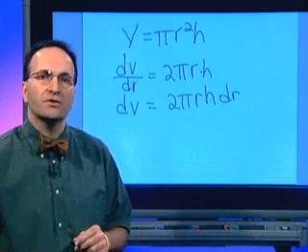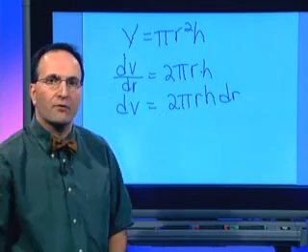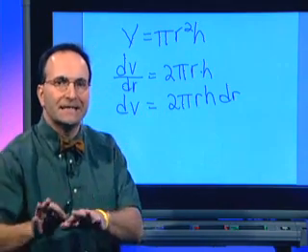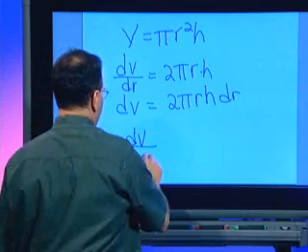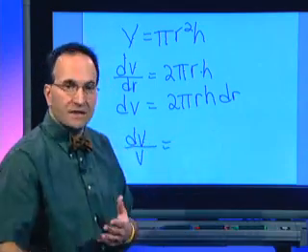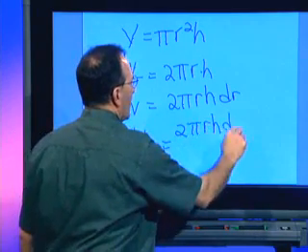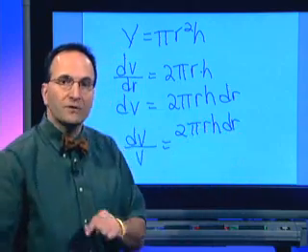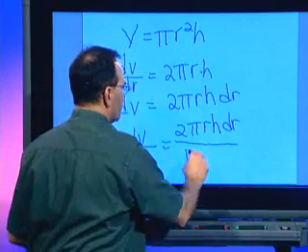And now what we want to do is find the change with respect to the original amount. In other words, we want dV divided by V. So we know that dV is 2 pi r h dr. And we know that the volume is pi r squared h.